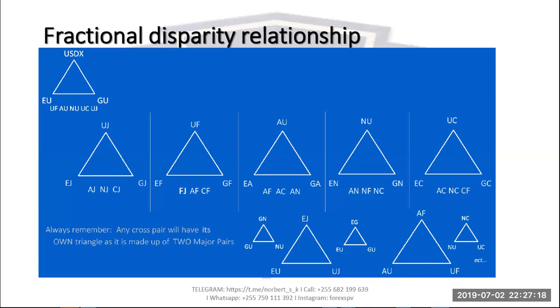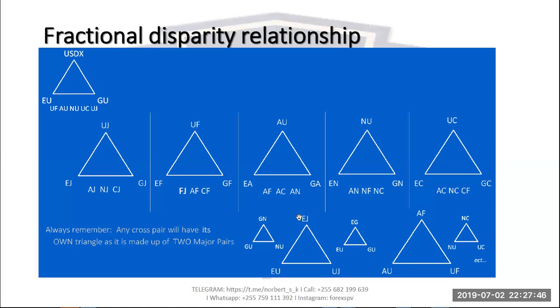You should understand that any cross pair is made up of two major pairs. These are the crosses down here. These are the majors in each triangle. You can see here, this GN, Pound New Zealand, is made up of two major pairs, GU and NU: Pound USD and NZD USD.